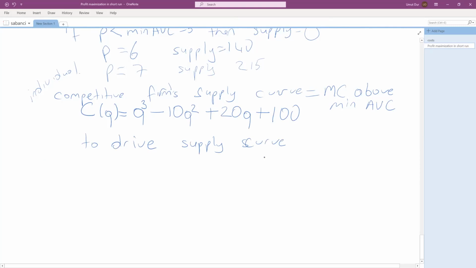Okay, so what I know is basically supply will be 0 if price is less than the minimum of average variable cost.